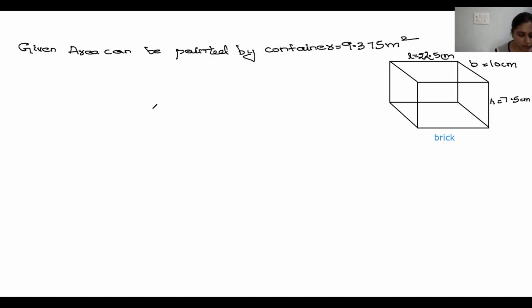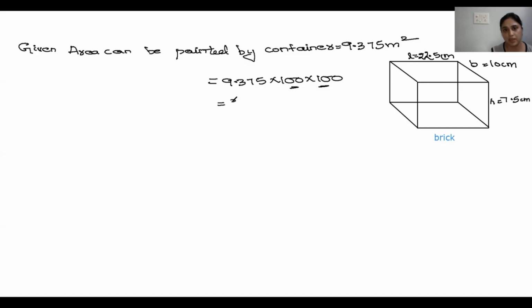So what should I do? I can even convert it into centimeter square. How? To go from meter to centimeter, we are going to multiply by 100. So this can be 9.375 into 100 into 100. Why? Because it is meter square, so we convert it twice to centimeter square.